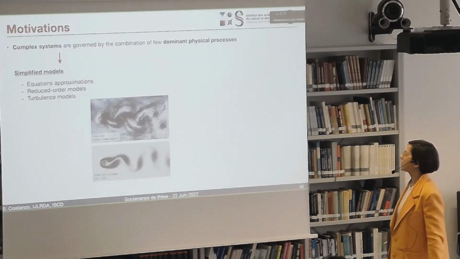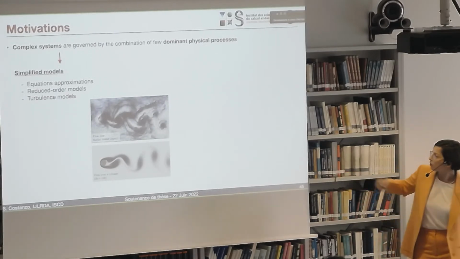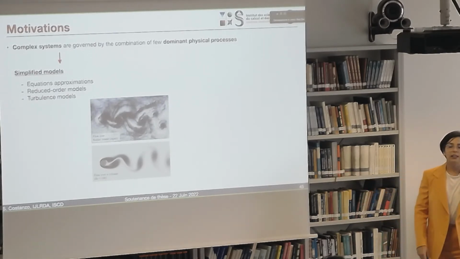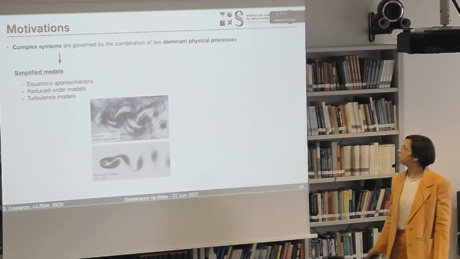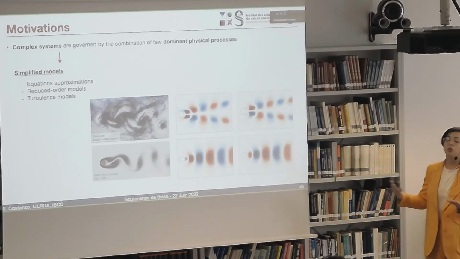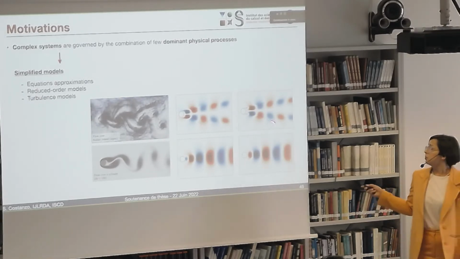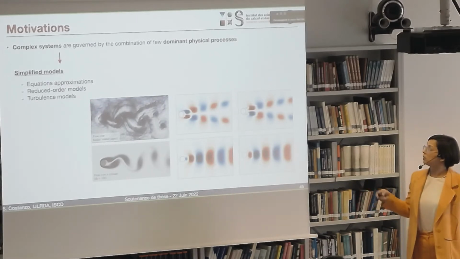As we see here, for example, we can see the flow over an island. Then we can assimilate it to the flow over a cylinder. And very well known in the literature, if we do an SVD decomposition, we get the POD modes with the coherent structures governing the flow. POD modes can be used, for example, to build reduced order models.